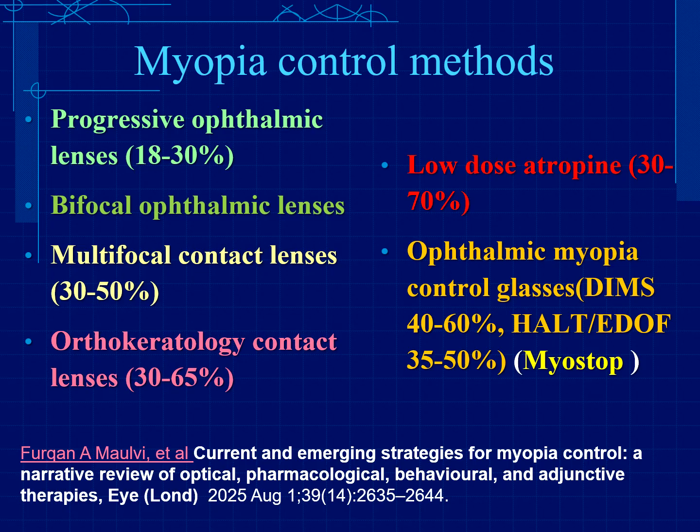This is a very easy and conventional method that uses progressive lenses for the patient, with the glasses worn full time. But the effectivity of this method is less than 30%. Bifocal ophthalmic lenses are another method, but its effectivity is not very high.